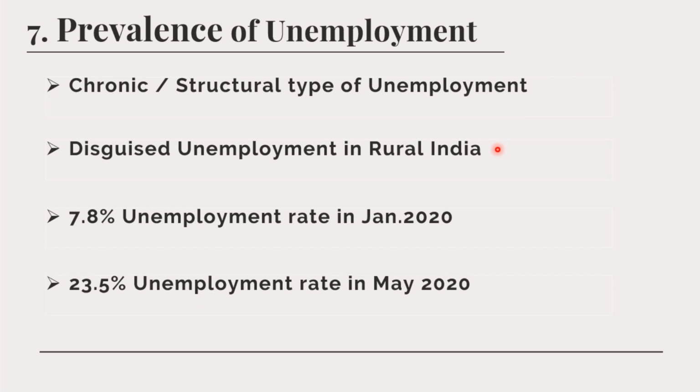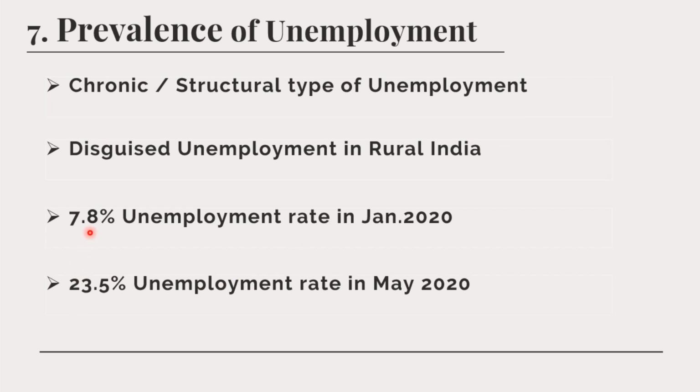If you take a look at the statistical data of unemployment, it was 7.8% unemployment rate in India as of January 2020. In May 2020, this rate of unemployment increased up to 23%. No doubt this is the effect of lockdown due to the pandemic situation.